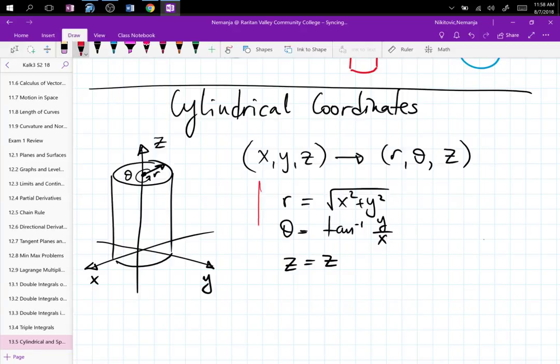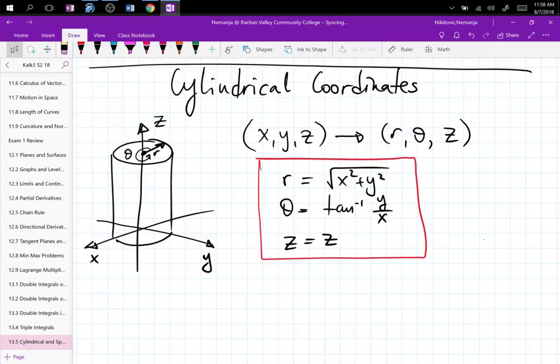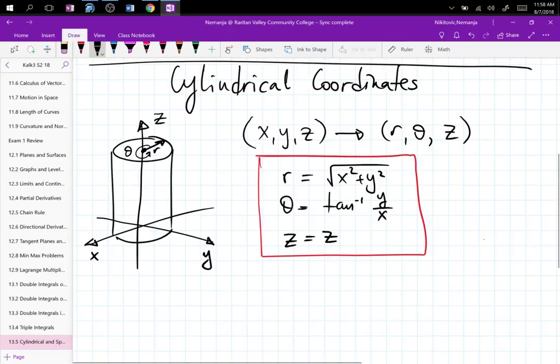So just the standard polar conversion, and then z equals z, which is not a conversion, just copy it. There's not that much that we need to learn about cylindrical coordinates. You find the point in the xy plane using polar coordinates. You draw out the radius and swing it for your angle theta, and then you bring it up z or bring it down z, whatever the value is.